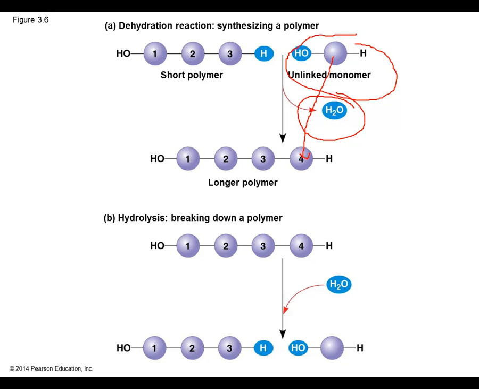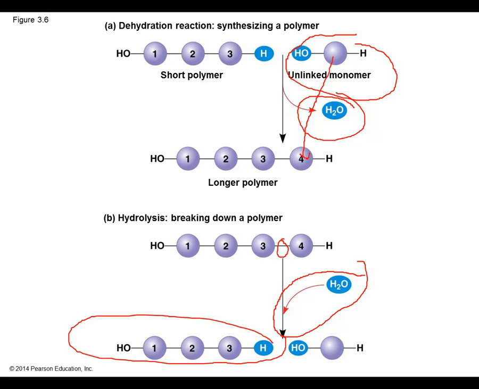When you break down or disassemble polymers, water is added back to the system. This is called a hydrolysis reaction. And you break this bond and form a shorter polymer and the monomer.